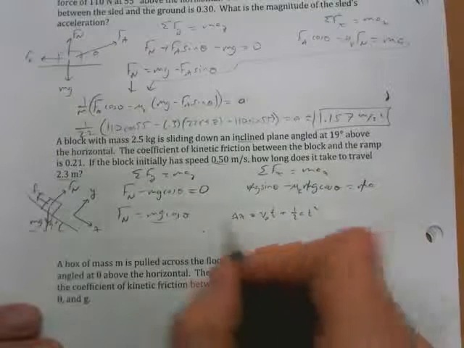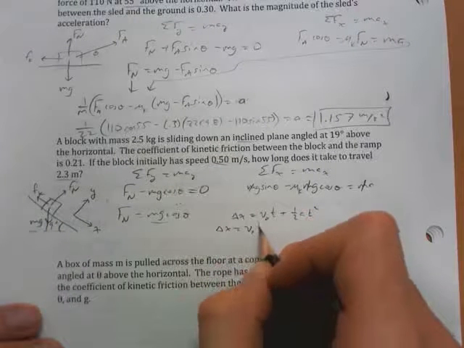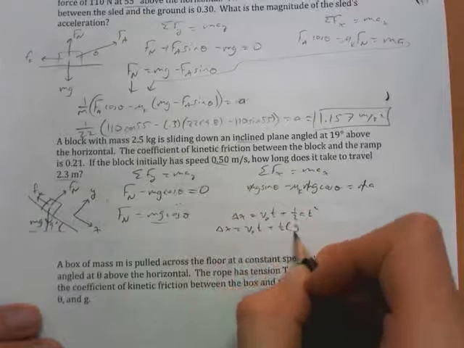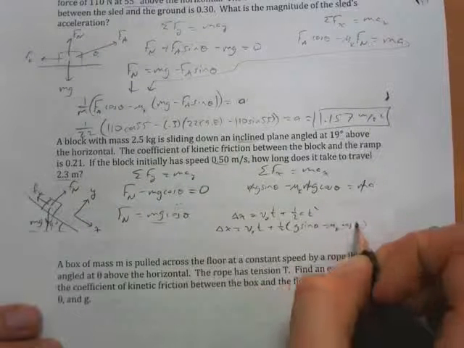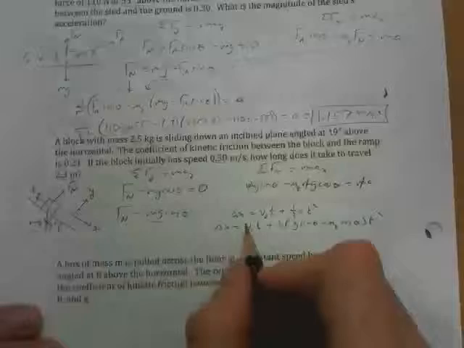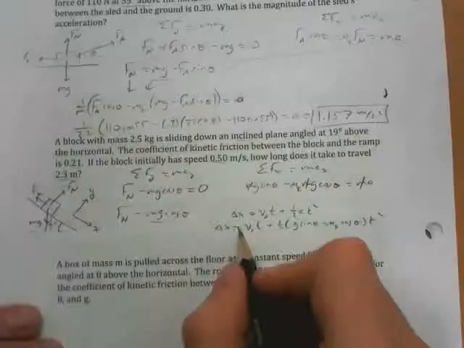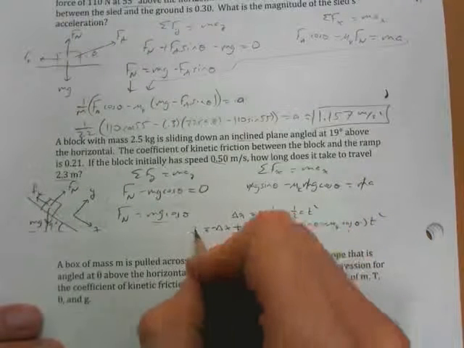So that's what we got. Delta x equals v naught t plus 1/2 g sine theta minus mu k cosine theta t squared. So delta x, actually let's move that over. Negative delta x equals 0.